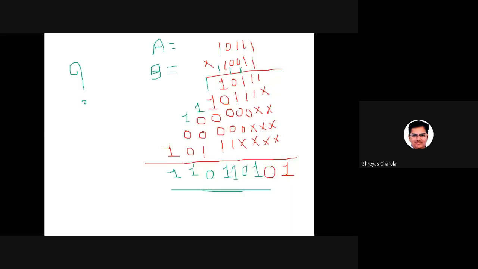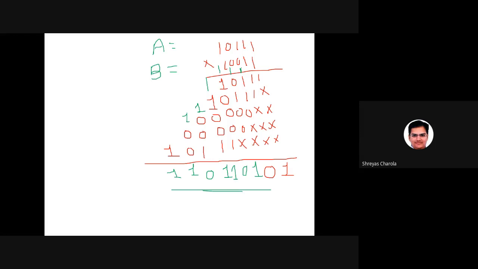Space left at every iteration. What do you mean by that? Okay, space left. Fine. That means we are shifting in this direction, correct? That means after every iteration, which number are you shifting left, A or B?